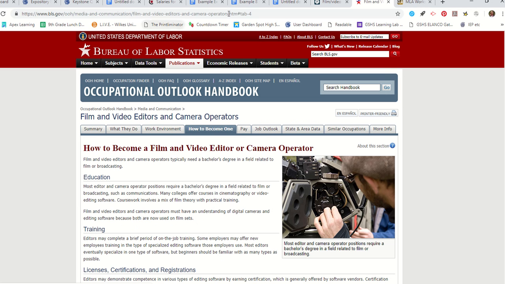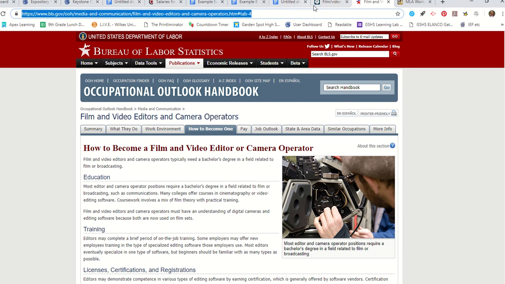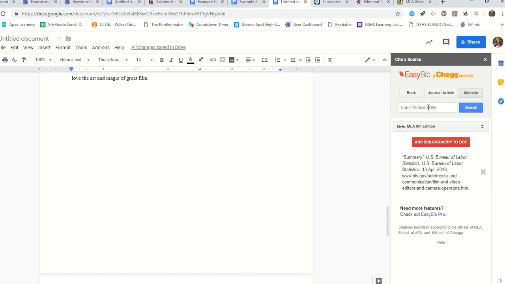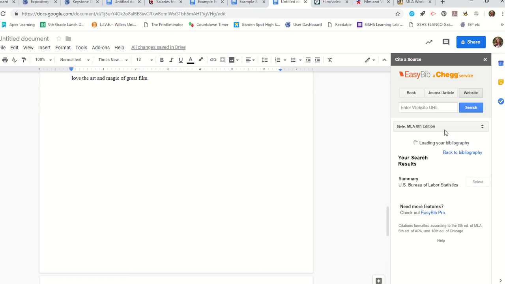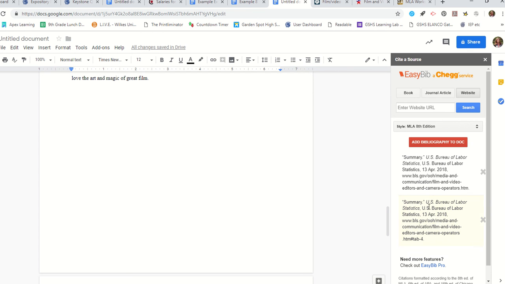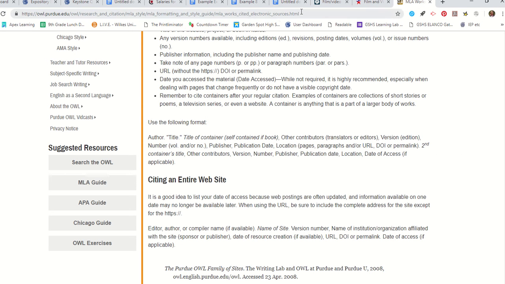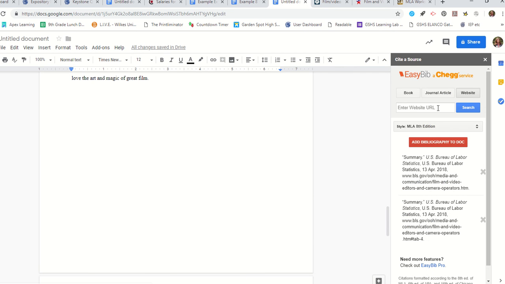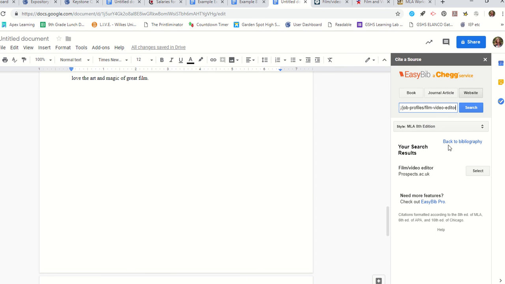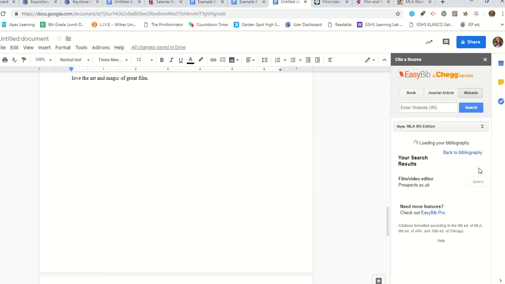Maybe I also use this page. So I'll also put this page in. I use the same thing twice. This is why the add-on's not perfect. And then my last source here, I put it in. There it is.